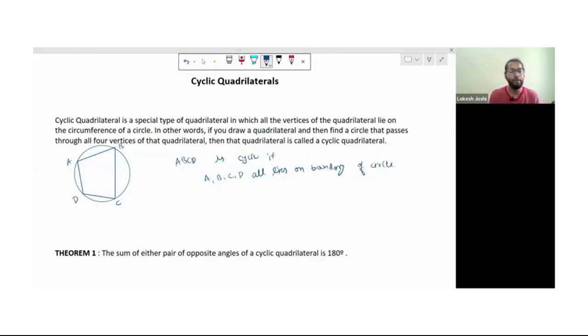So that's the definition of a cyclic quadrilateral. If all the points are on the boundary of a circle, then we can say this one is a cyclic quadrilateral.